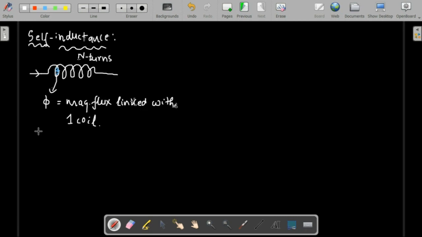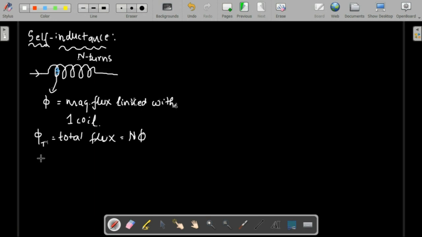So if I want to find out the total flux, let's say phi t, this is nothing but my total flux. That would be obviously the flux because of one coil into the total number of turns, so 1, 2, 3, 4, and so on. So N phi would be giving you the total flux.